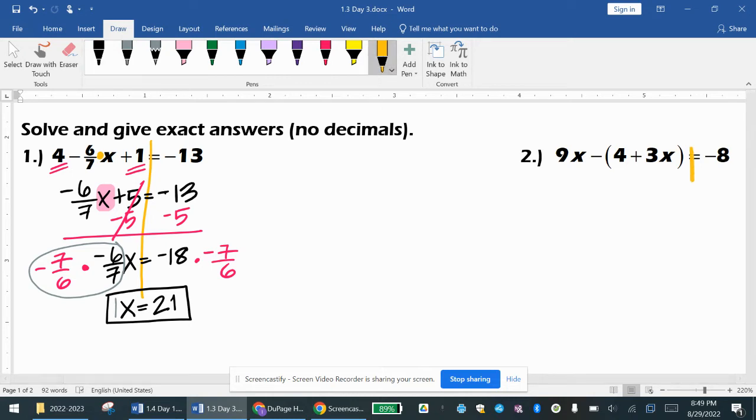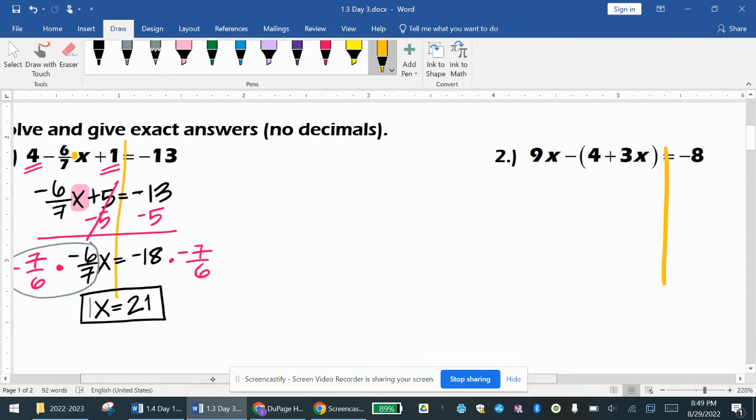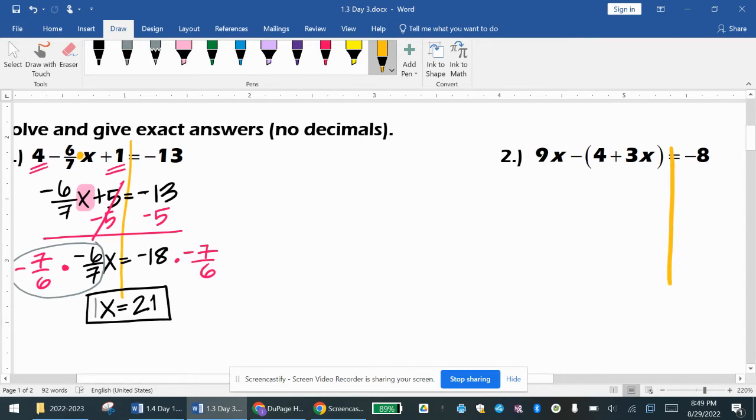Okay, let's take a look at number 2. We've got 9x minus parentheses 4 plus 3x. I've got some like terms, but if you notice, the 3x and the 9x can't combine yet because the 3x is stuck inside the parentheses. So what I can do is distribute the -1 that's in front of the parentheses.